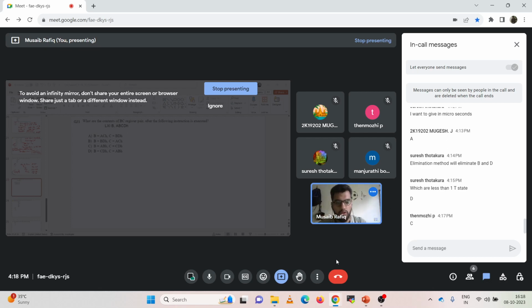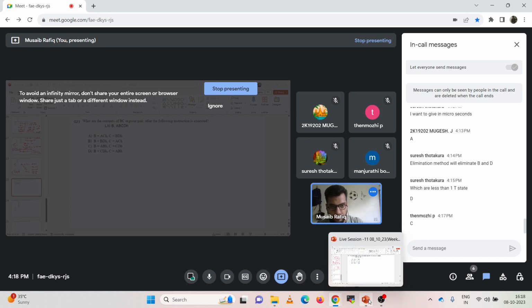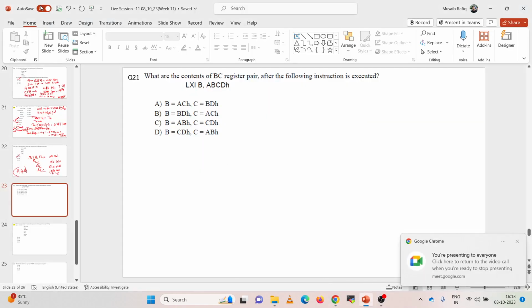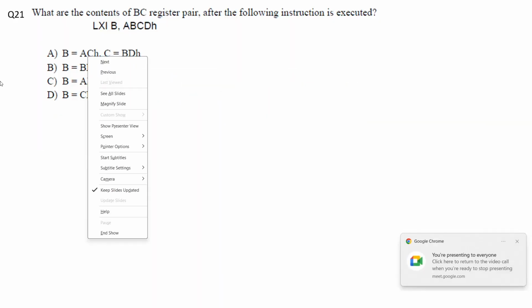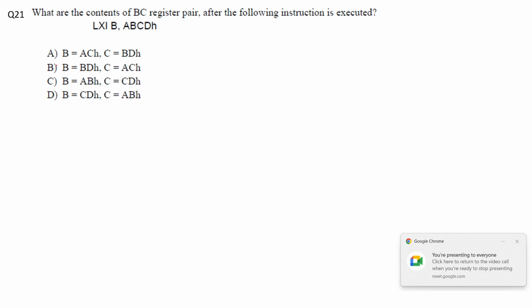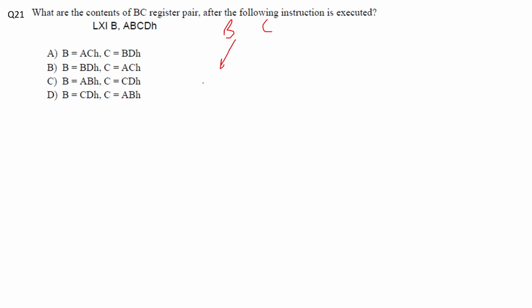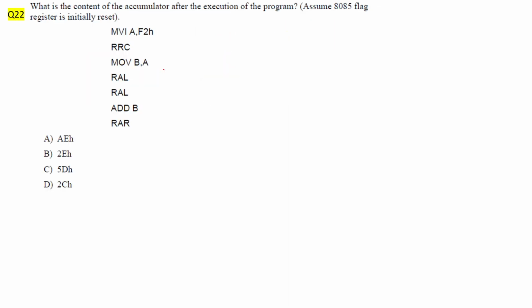Yeah, option C is the correct answer. So let me just mark it. LXI B basically loads the BC register pair. B will be ABH and C will be CDH. So option C, B is ABH, C is CDH, is the right answer.